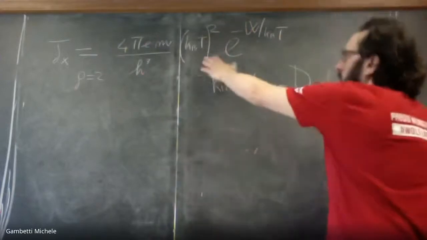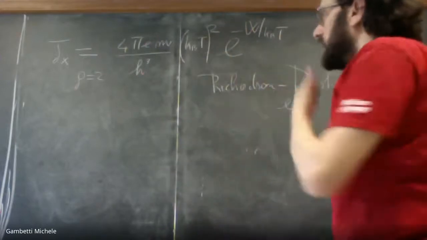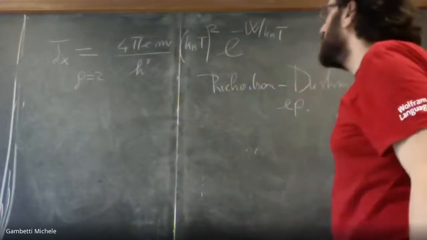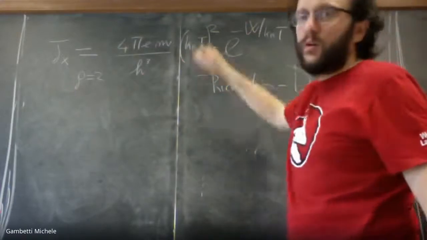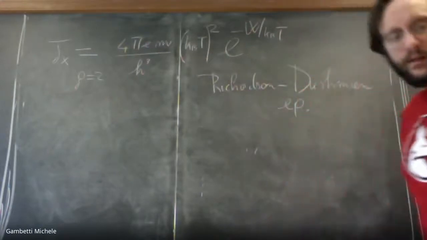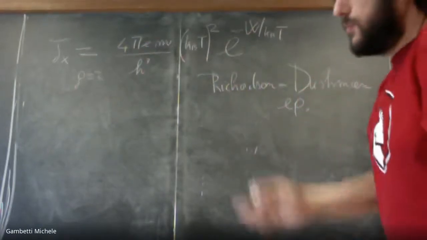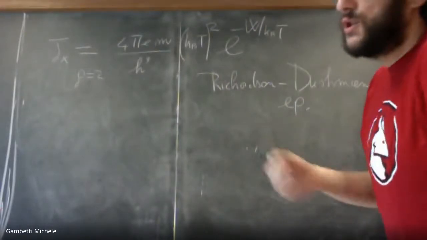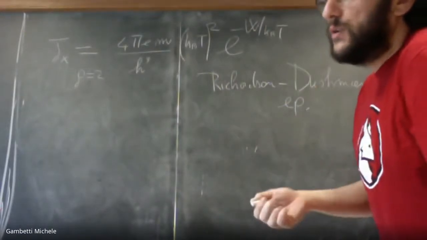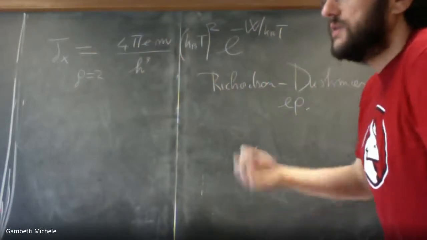In this case, it's a quadratic dependence on the temperature. And of course, the prefactor could be very important, in the sense that it can change significantly the temperature at which you start to see some effect.